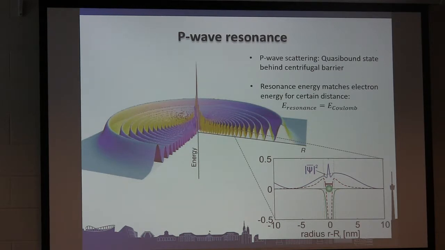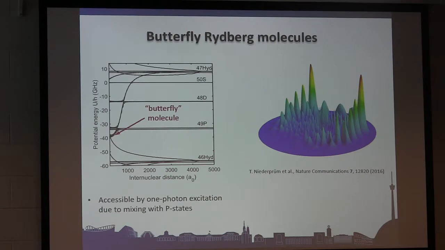Once the electron has the right energy to resonantly couple to this state, we get this P-wave resonance, and then this can shift our potentials around a bit. So that's why we still need to include P-wave scattering, even though it's only relevant around this resonance position.